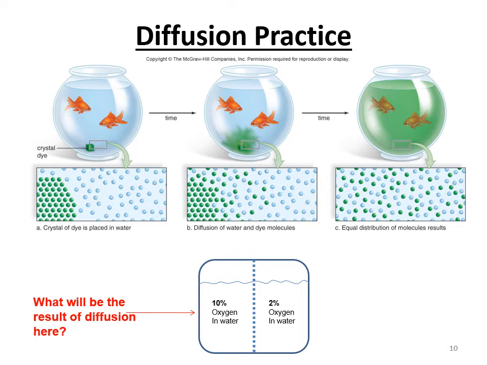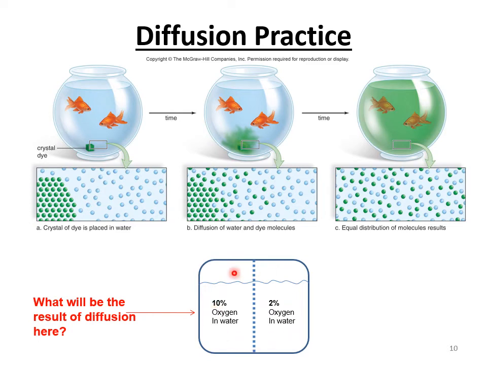Okay? Now there's a trick to doing these problems. For instance, if I gave you a question on an exam and I told you that there's 10% oxygen in one half of the container and 2% oxygen in the other half, what will be the result of diffusion? Well, you know that in the end, you want an equal amount on both sides. So what you can do, add them together.